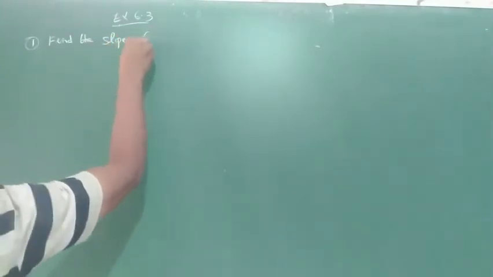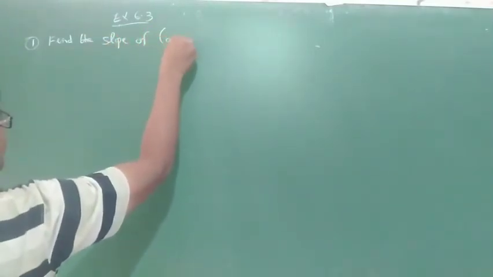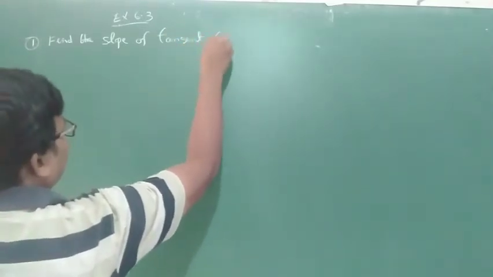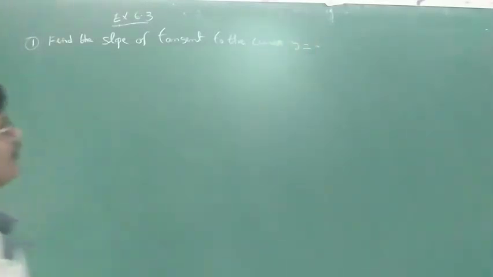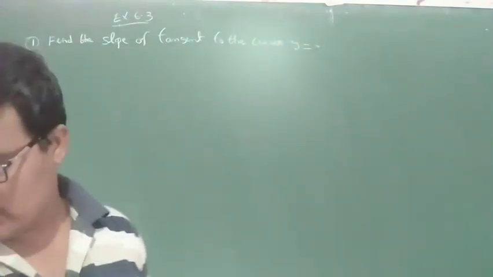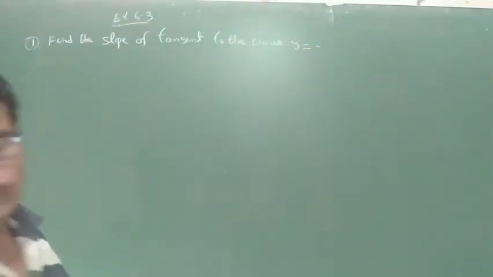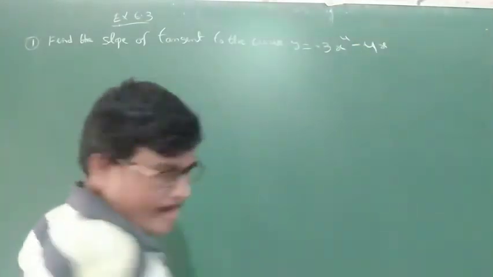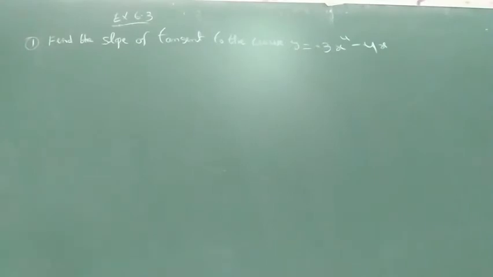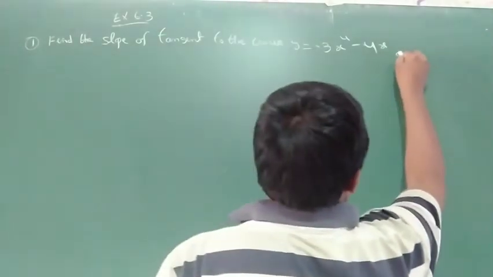First question: find the slope of the tangent to the curve y is equal to 3x power 4 minus 4x at x is equal to 4.